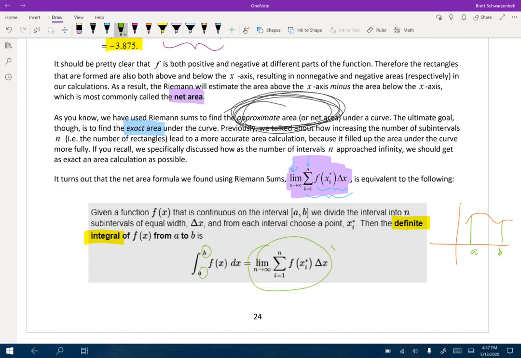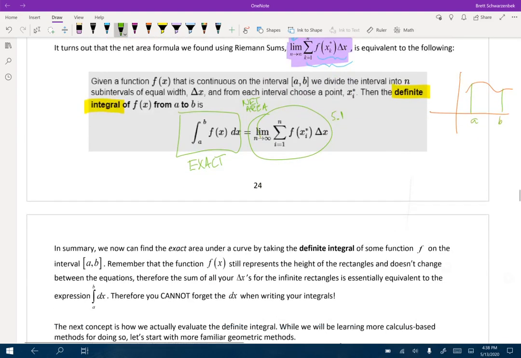This was a one section deal, 5-1. Now you're going to be seeing this terminology because we would rather see the exact area than anything else. And by the way, that exact area is going to be the net area under the curve.